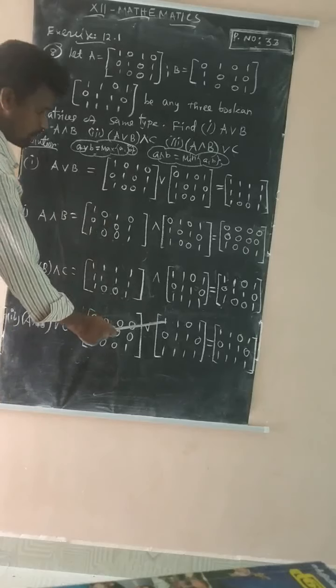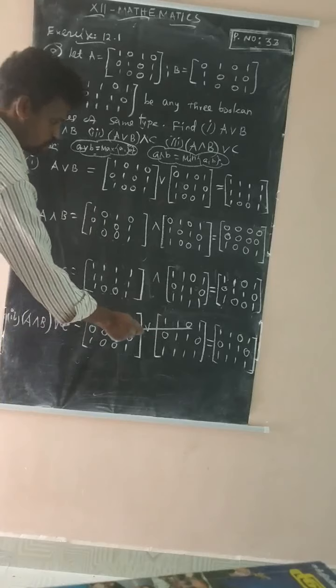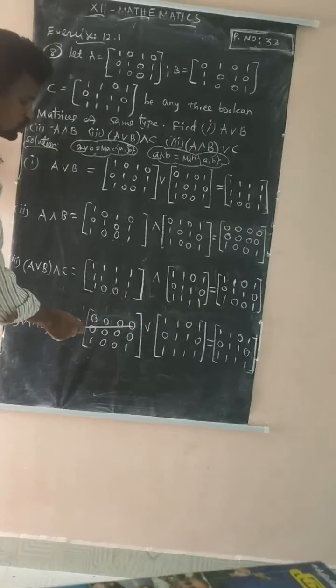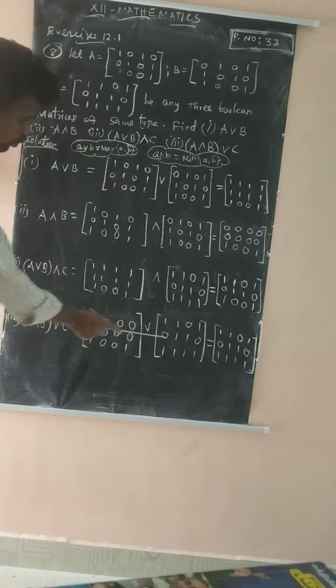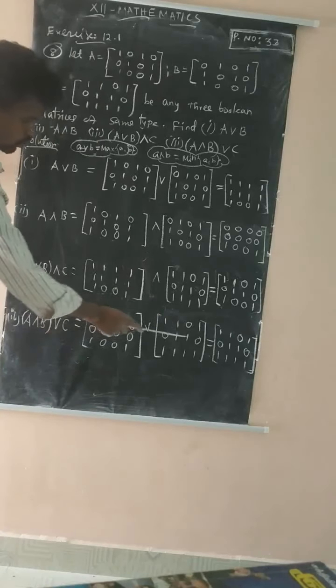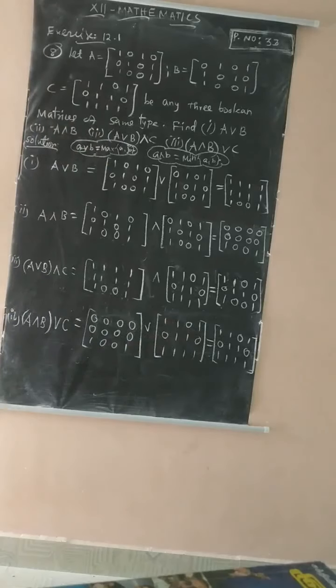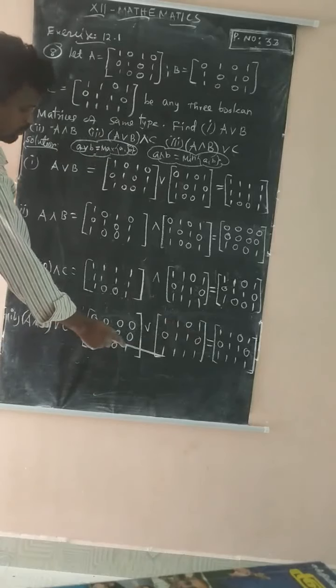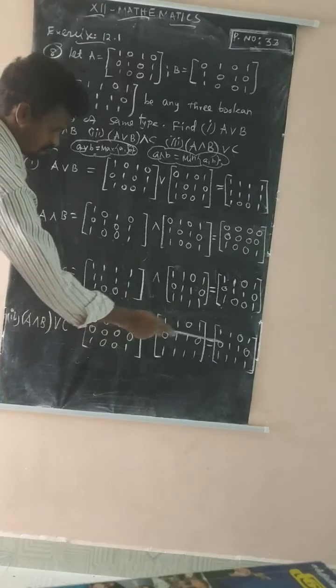So 0 1 maximum 1, 0 1 maximum 1, 0 0 maximum 0, 0 1 maximum 1, next 0 0 maximum 0, 0 1 maximum 1, 0 1 maximum 1, 0 0 maximum 0, next 1 1 maximum 1, 0 1 maximum 1, 0 1 maximum 1, 1 1 maximum 1. That is the solution for the 8th question, students.